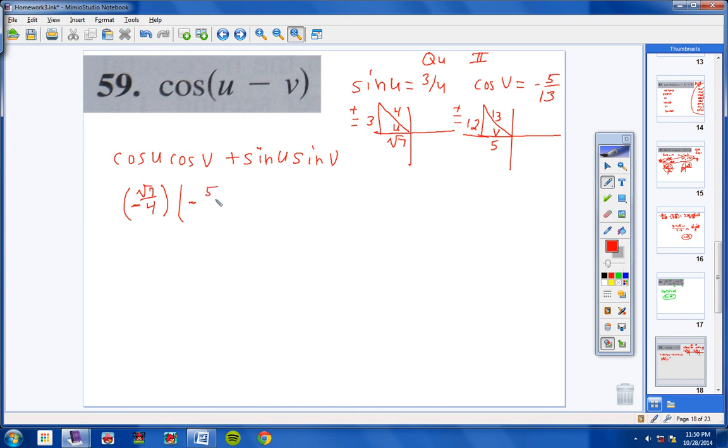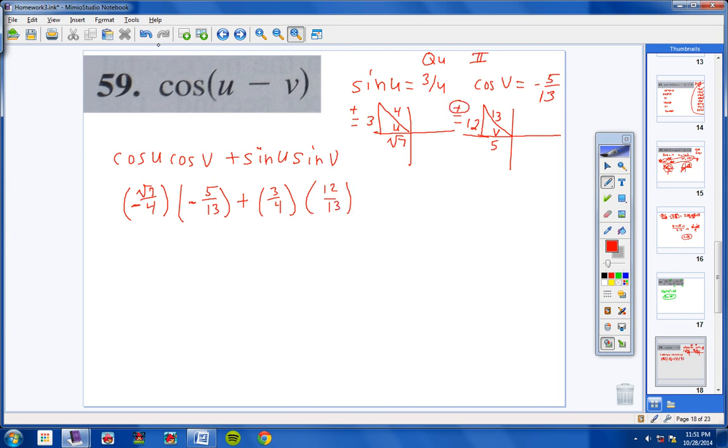The sine of u they gave us: 3/4. And the sine of v would be opposite over hypotenuse, so 12/13, and it would be positive because sine is positive in the second quadrant.